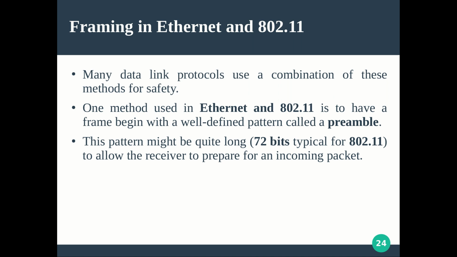But when it comes to practical protocols like Ethernet and 802.11, for more robustness a very lengthy preamble pattern is attached at the start of the frame, typically 72 bits in 802.11, to allow the receiver to prepare for an incoming packet. And this 72-bit pattern gives enough time for synchronization.